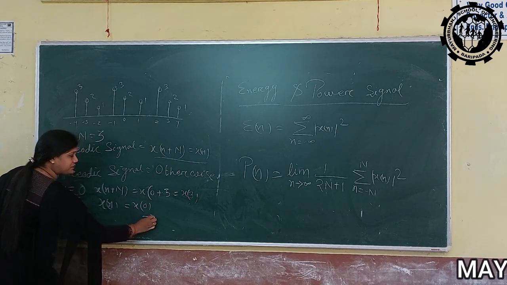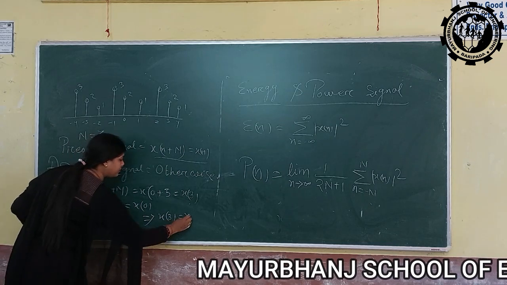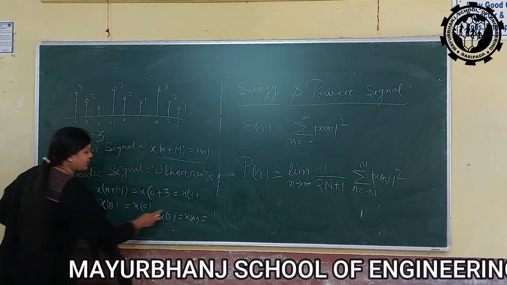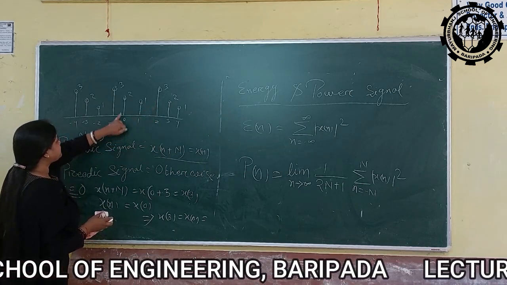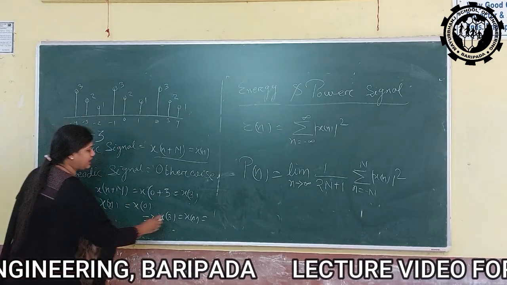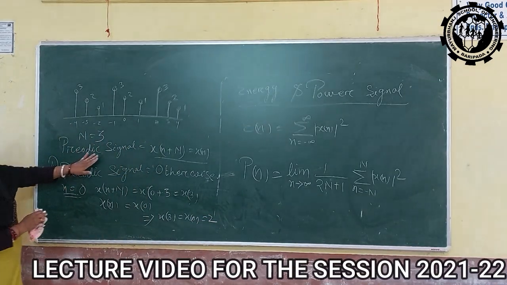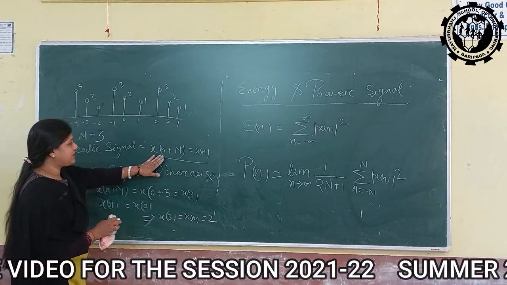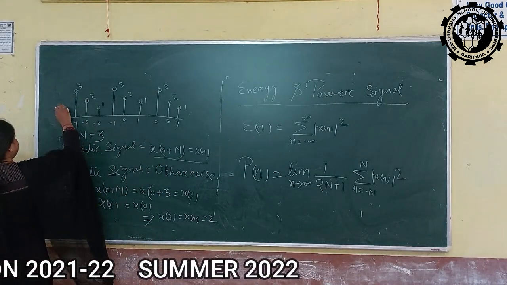That means if it is periodic, then it satisfies the condition x of 3 equal to x of 0. So x of 3 is equal to 2 and x of 0 is equal to 2. That means x of 3 equals x of 0 equals 2. That means it satisfies the condition x of n plus N equal to x of n. That means it is a periodic signal.